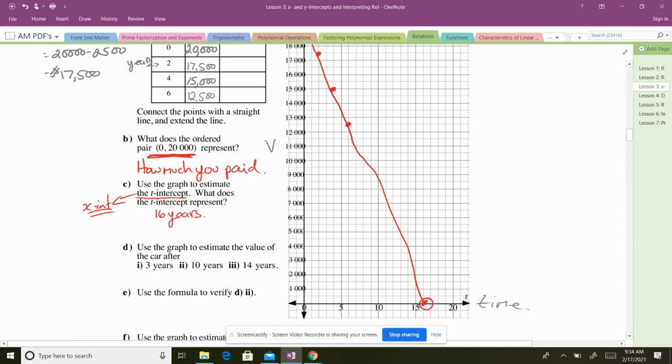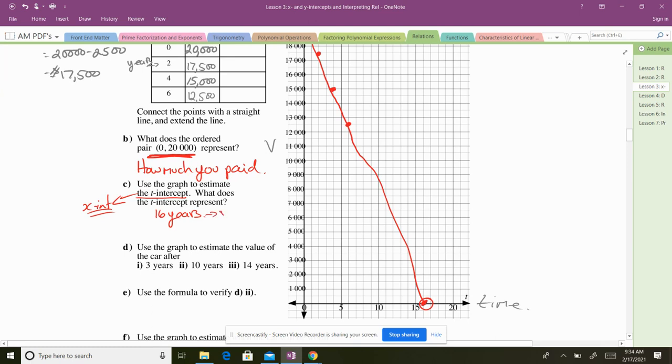What does that represent? What's its value at that point? $0. Is this a realistic thing? No, it's not.